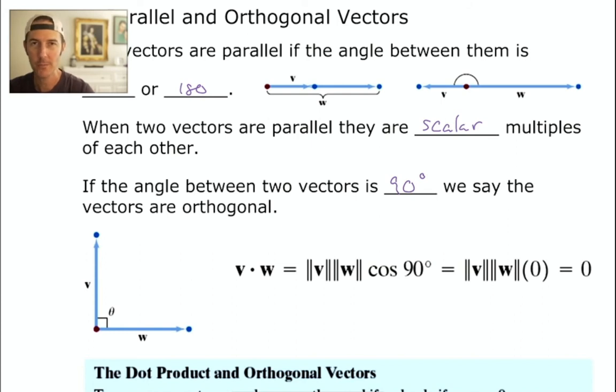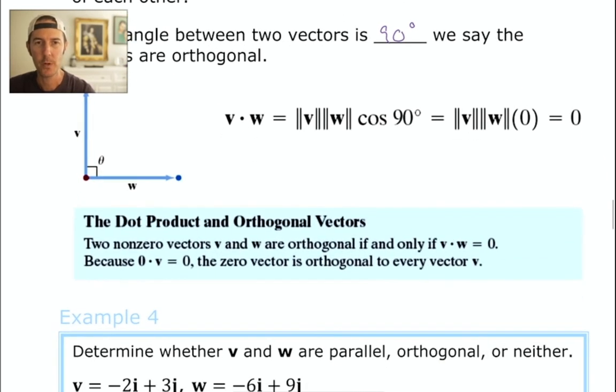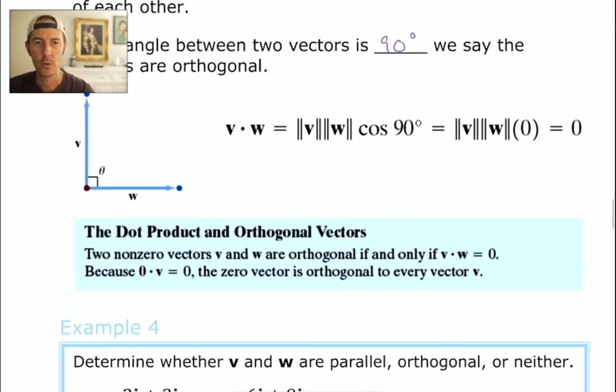Maybe I saw it somewhere in Calc 2, definitely didn't see it in Calc 1, but when you're in three-dimensional space and you've got things that are perpendicular to things sort of floating around in the three-dimensional plane, that's where the idea of things being orthogonal made a little bit more sense to me, if you're going that far. So we don't need to dwell on it too much, but I am going to continue using the word orthogonal.